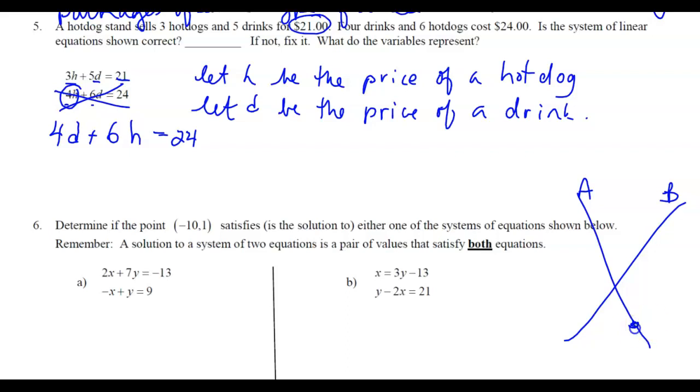But that point is not on line B, so it would not satisfy line B. The point that you want is this point here, because it's on both line A and line B. So when we check here, we want to see if the point -10, 1 is on both of those lines.